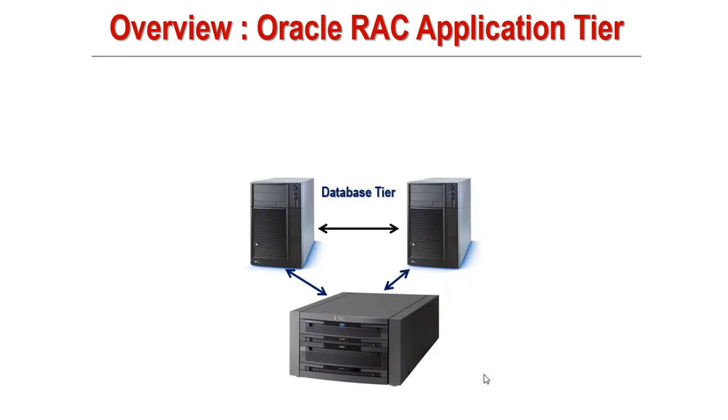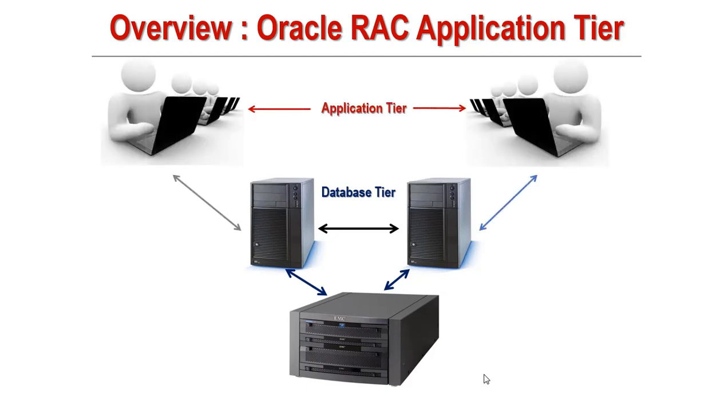Now the database is going to be accessed by the applications, and that's where the requirement of high availability or load balancing is required, because the applications need to work seamlessly without having any trouble, or without having to worry about what is happening on the database tier side.